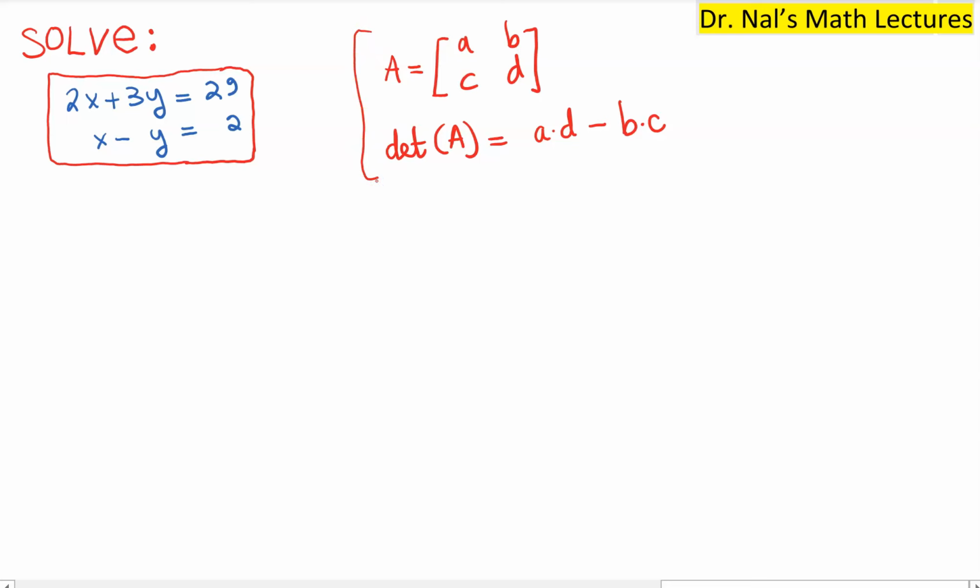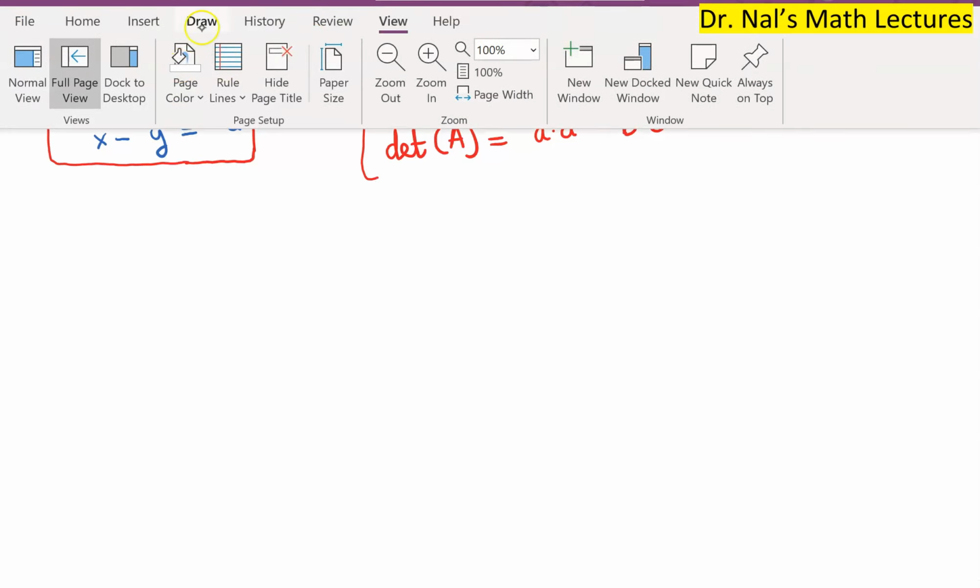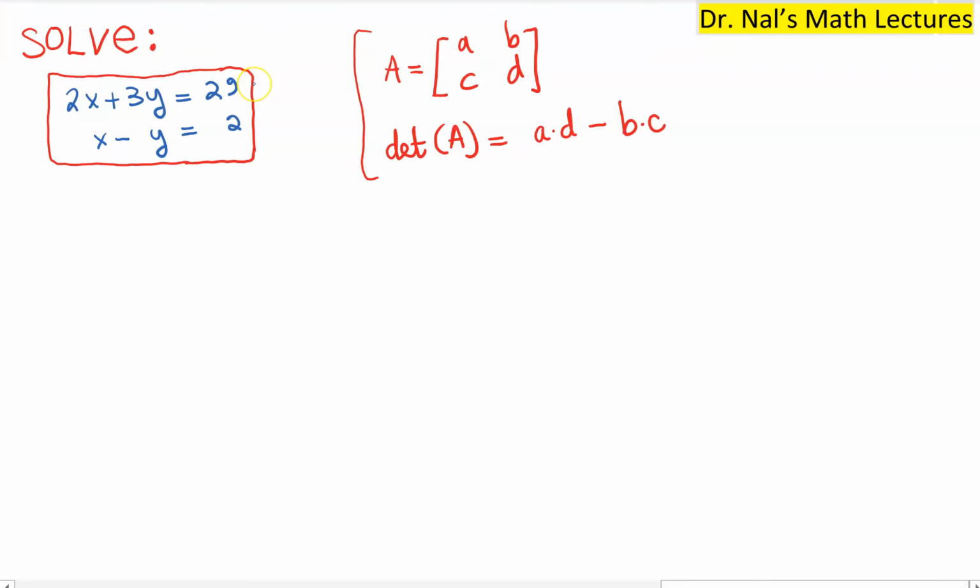Based on this definition, now we can solve this problem pretty efficiently. The values of the two variables, x and y, depend solely on the 6 numbers given in the problem, the 6 coefficients in this system of equations. The value of x is simply a ratio of determinants.